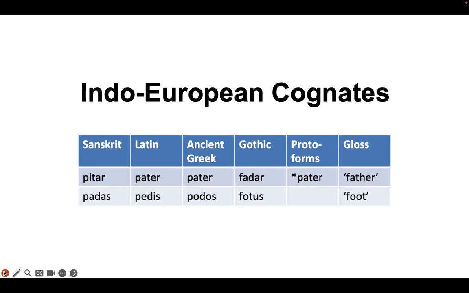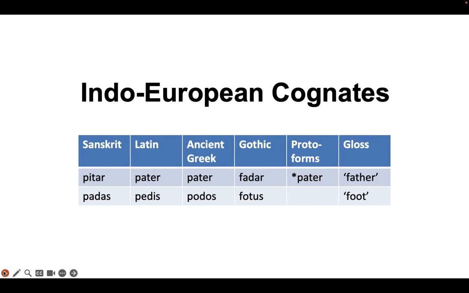And then after that, we have different endings in each of these cognates. All of them end in s, so we can be pretty sure that there was an s in the protoform. They all have different vowels before the s, so that doesn't really tell us much about what vowel was there or if there originally was a vowel there.